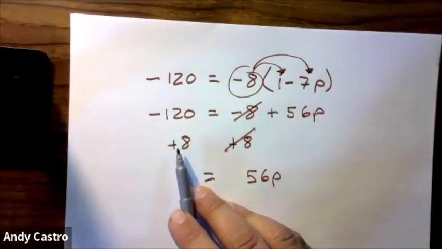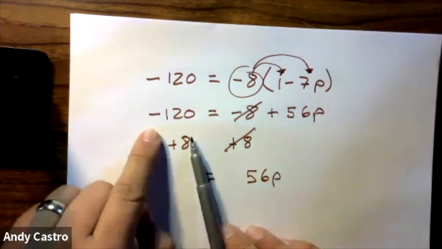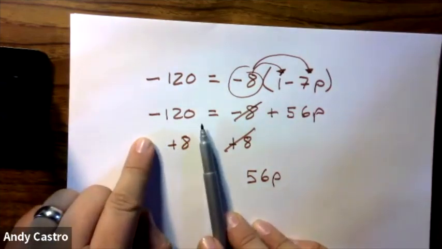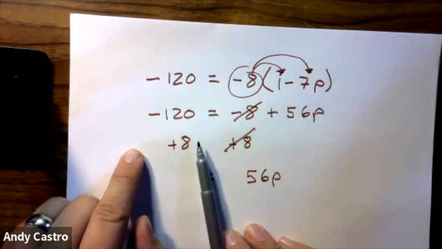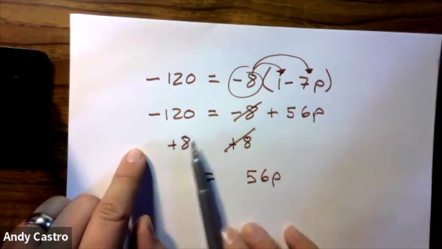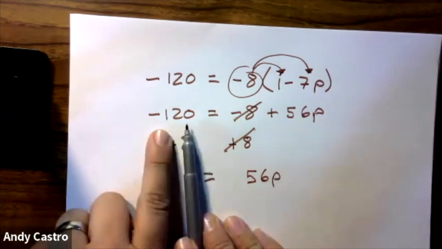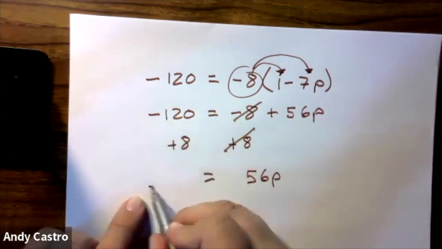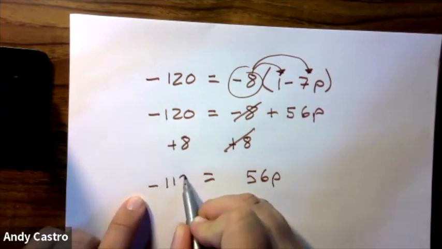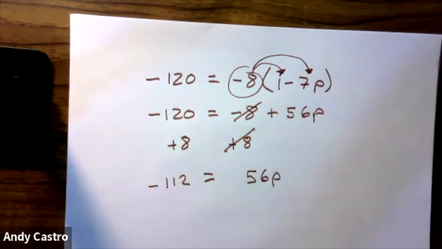Now be careful there, because your tendency is to subtract another 8, or to get the sign wrong. So remember, we're in the hole 120, and we're going to come up 8. So that we're going to be at negative 112. Okay.